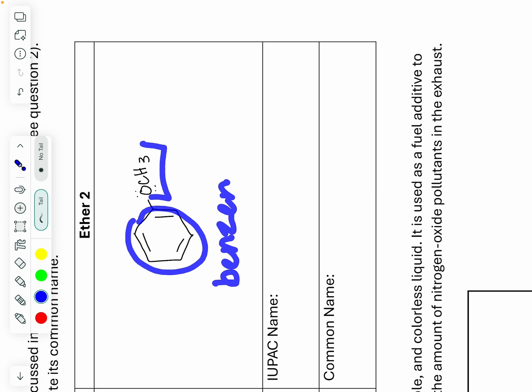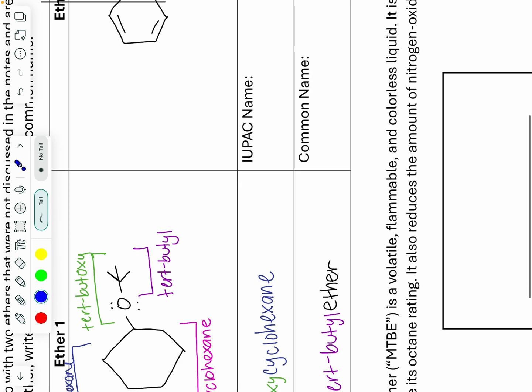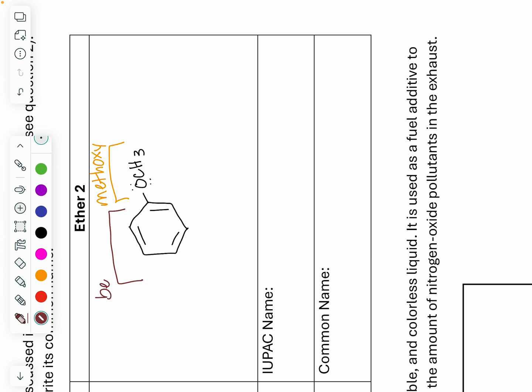And then this right here is, like I said before, how we know what a methoxy is. This is a methoxy. And same thing, this is on carbon 1. So we could either name it 1-methoxy or not. And then this is a benzene ring, and it has an ENE because it has double bonds.